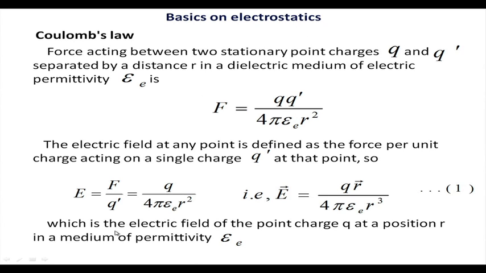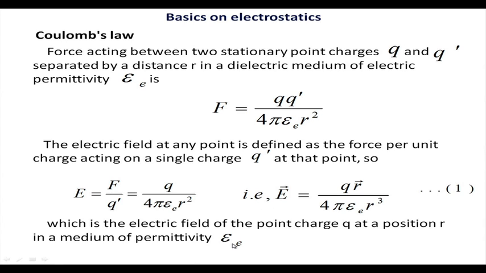Now, we define the electric field at any point as the force per unit charge at that point. If I consider q at the origin, the electric field can be written as the force per unit charge, and in vector form, taking the radial vector r, this is equation 1.